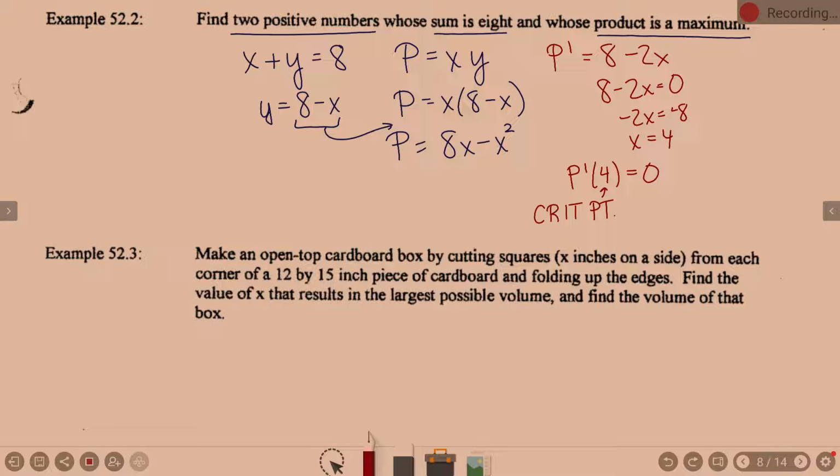Officially, a critical point could be a min, a max, or an IP, inflection point. Keep in mind, though, the problems generally work out that if you're looking for a max, it ends up being a max. I don't know that I've ever seen a problem that doesn't work out like that.